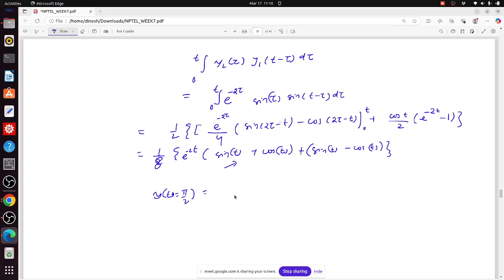In this solution you will get that it will reduce to e to the power 1 plus e power minus pi by 8. This solution is a bit lengthy, but this one is very simple. So option number B is correct.